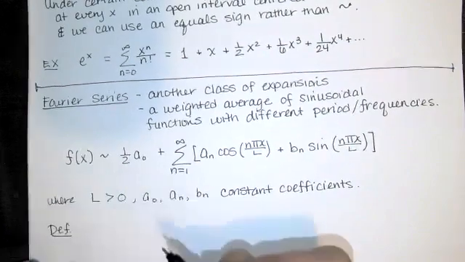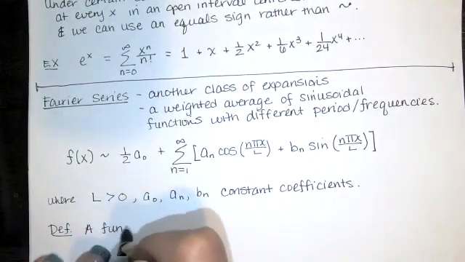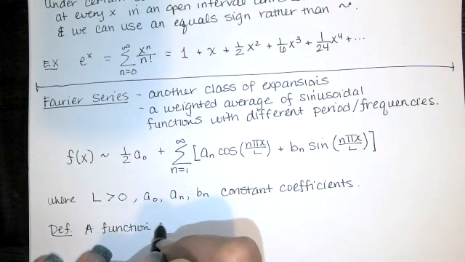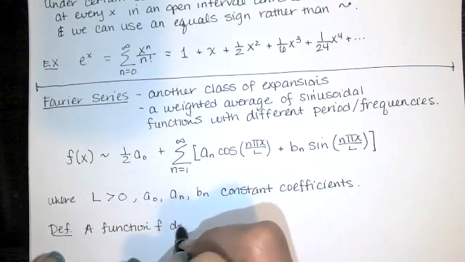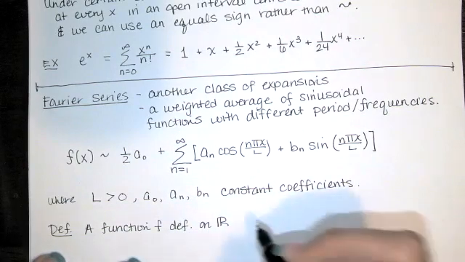You probably already know this one. We say that a function f is periodic. This is f defined on the real line.